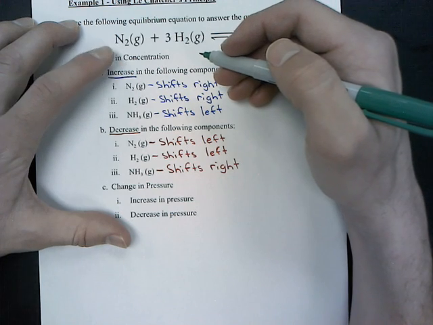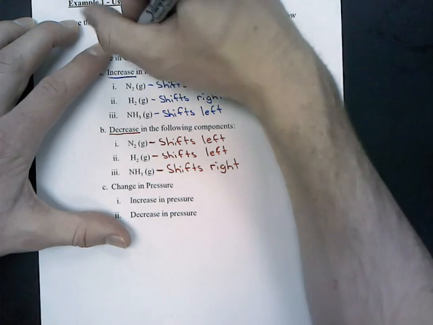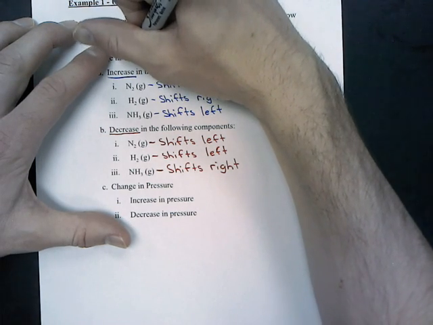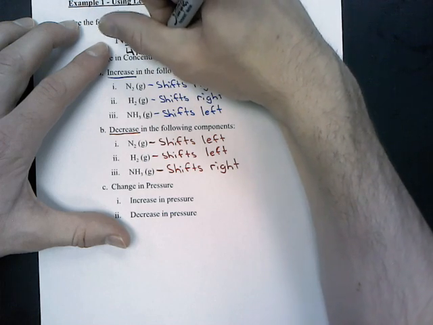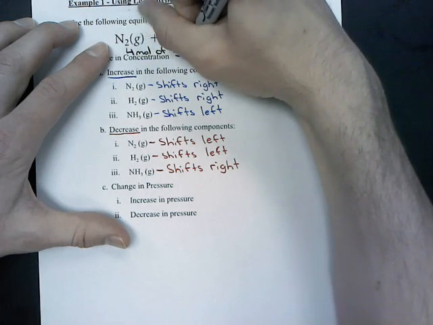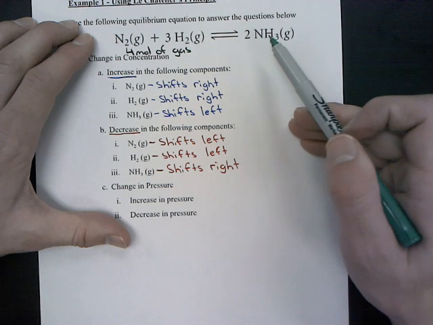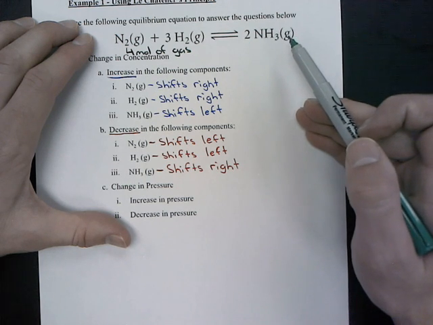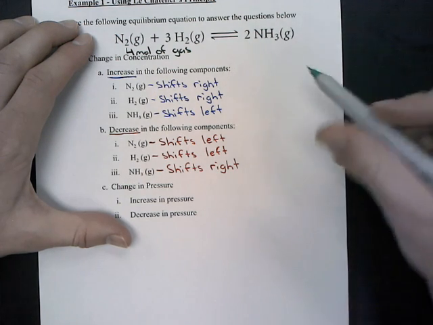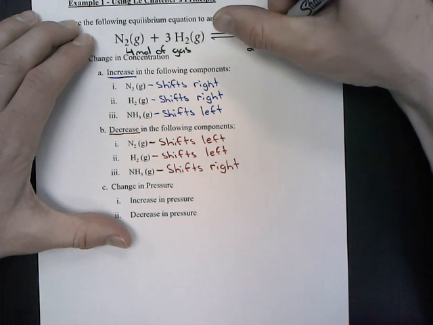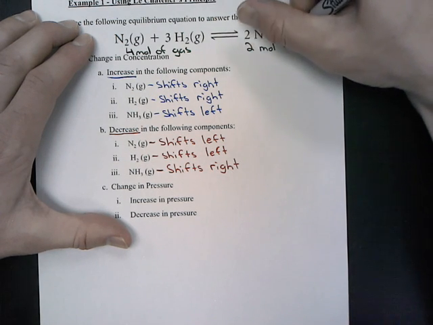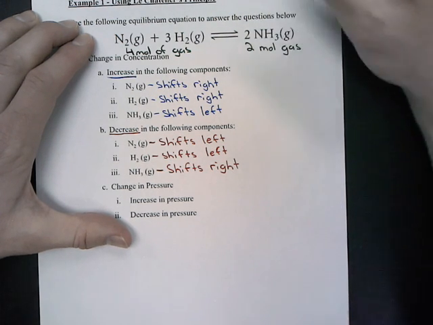So total, on the left, we have 4 moles of gas. Over here on the right, we have a 2 coefficient. This NH3 is a gas. So total, on the right, we have 2 moles of gas.